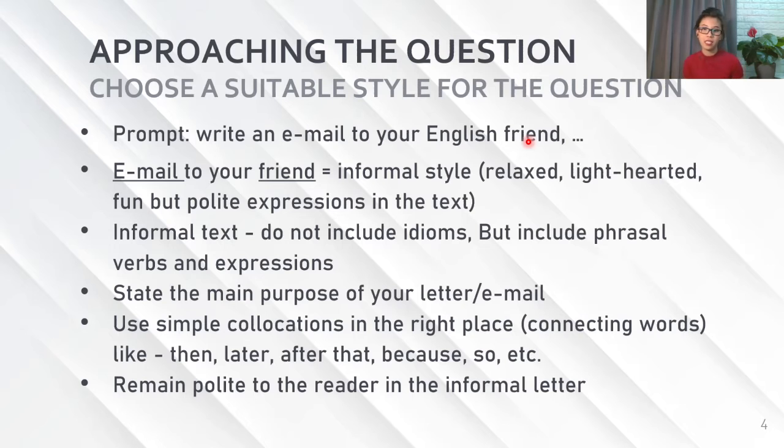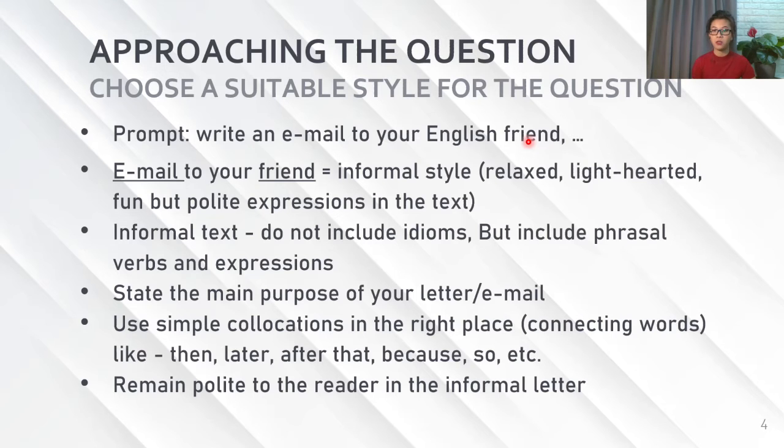And these are the general expressions and the energy around your friend. So when you are writing an email to your friend, you must contain the same expressions as when you are around them. Friends may be the same age, or different ages, but these are very light-hearted, open and relaxed expressions between friends. So this is informal.